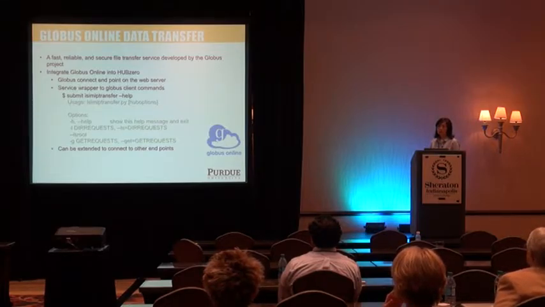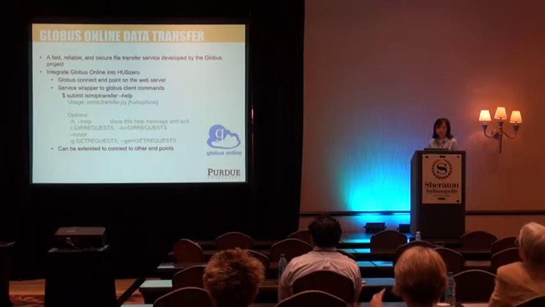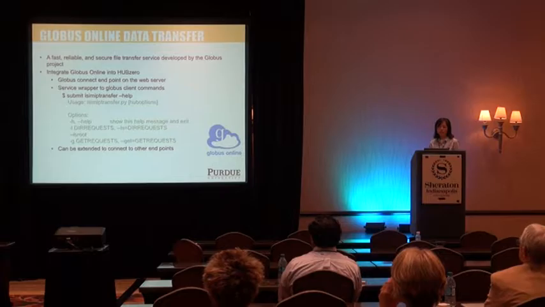So we integrated Globus Online to enable fast data transfer. If you haven't heard of it, Globus Online is a fast, reliable, and secure data transfer service developed by the Globus project from the Argonne National Lab and the University of Chicago. Our integration work includes 2 parts.